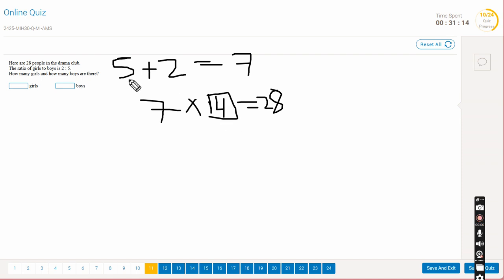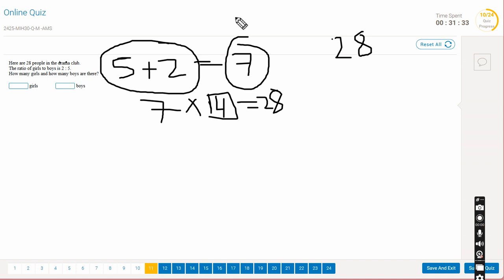4. Now remember, whatever number they multiply by the total or by any of the numbers, girls or boys, you can multiply the same number by what they are looking for. What do I mean by that? So here the total is 28. How did I figure that out? By adding the simplified version, right? So they multiplied 7 by 4. So it means they also multiplied the 2 times 4.